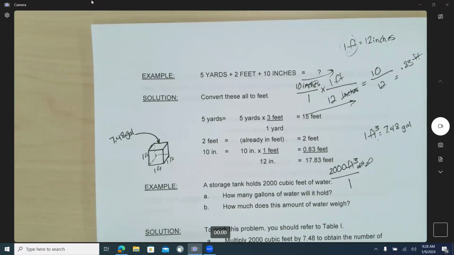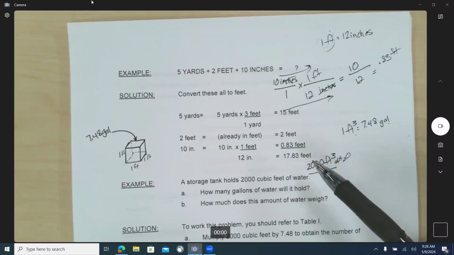It will be 7.48 gallons. How about mercury? Remember mercury? That nasty stuff that is in thermometers that can cause cancer. If I dumped mercury in this, 7.48 gallons. That's why there is no water associated to this, because regardless of whatever the liquid is in a cube, it's going to be 7.48 gallons.